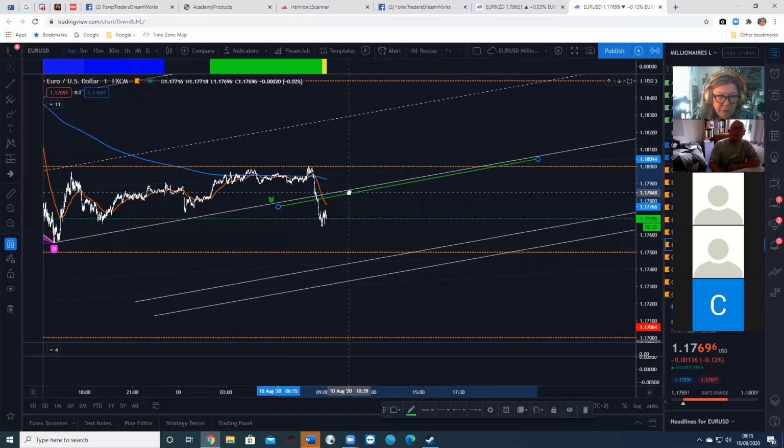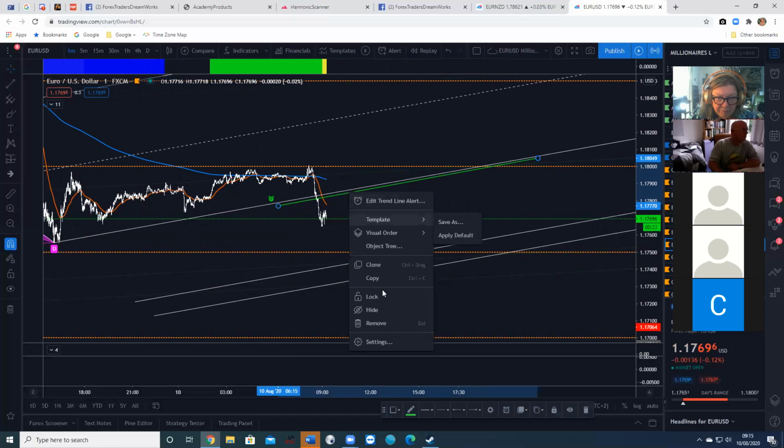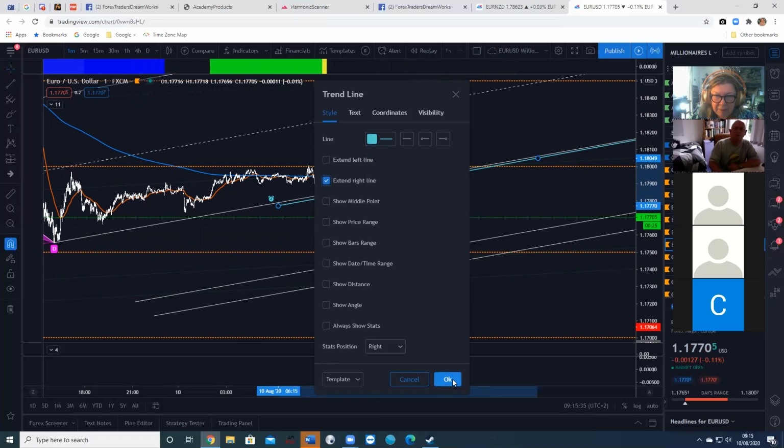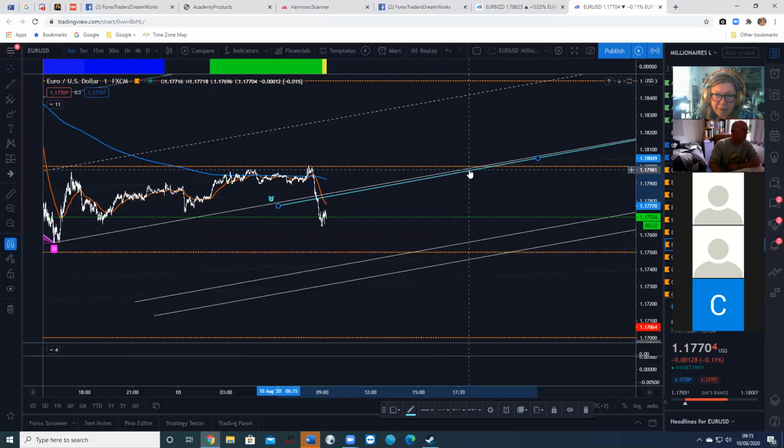Just a few pips away. And we'll see what happens on that one. Extend the right line, then it doesn't matter how long it takes for it to go off.